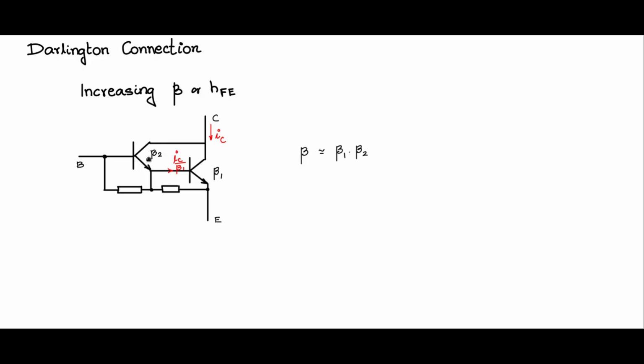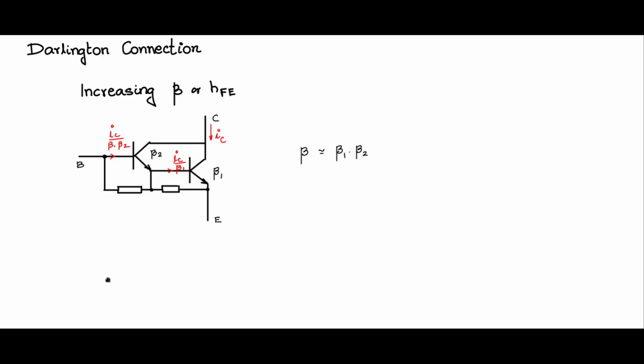It has a beta of beta 2, and the base current of the second transistor will be IC by beta 1, flowing as the collector current approximately, divided by beta 2, which would be IC by beta 1 beta 2. Therefore the base current of the Darlington combination is beta 1 beta 2 times lower than IC. So that is why the overall beta comes out to be approximately beta 1 beta 2.